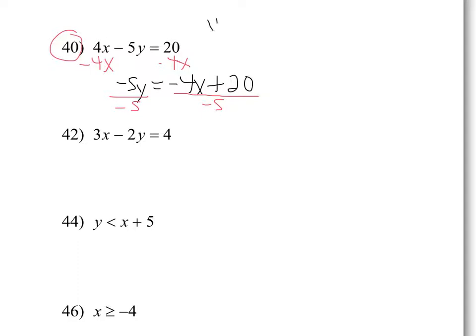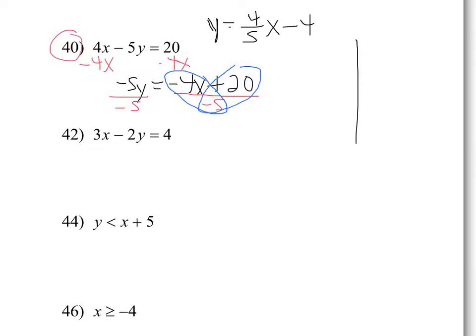And when you do that, you'll have y equals this fraction. Negative divided by negative is a positive, so 4/5 x. And then you have to remember to do this part as well, because everything's being divided by negative 5, and that will give us a negative 4.